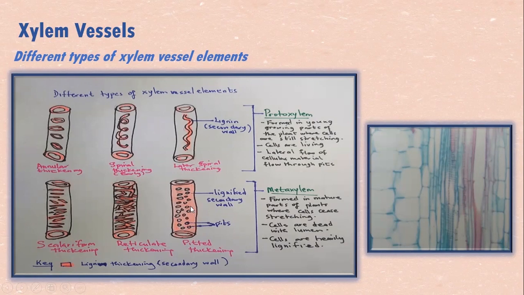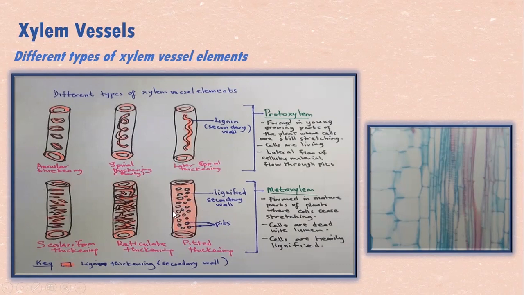These are found in old, grown parts of the plant, and these cannot stretch anymore, and they are all dead with a lumen, all right? And the cells are greatly lignified, leaving very small or no areas of primary cell wall. You have a primary cell wall here, primary cell wall here, no primary cell wall here, all pitted.